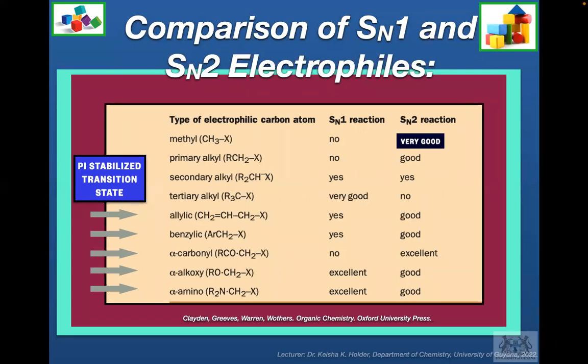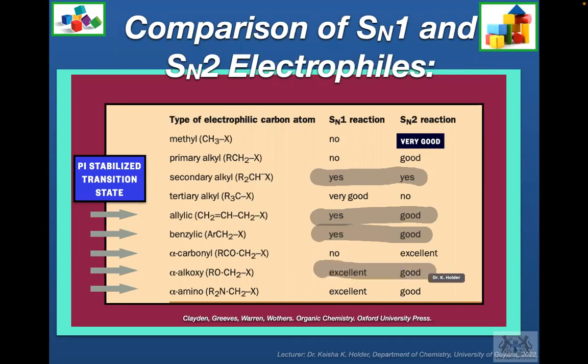So let's look at the ones that are overlapping. Our secondary alkyl group has both SN1 and SN2 capability. Our allylic groups have SN1 and SN2, as well as our benzylic. And then we have alpha alkoxy and alpha amine. So these sets of electrophiles are able to undergo SN1 as well as SN2 reactions.